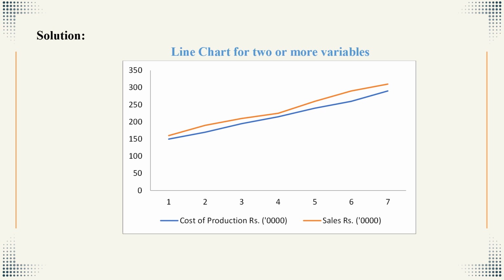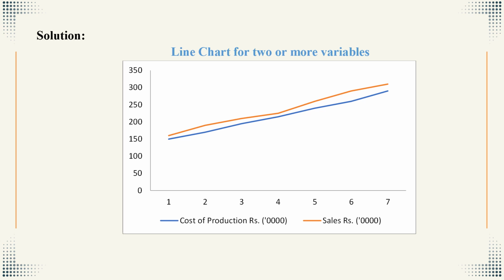First of all, we have to take any one, say cost of production. Then the cost of production for the years 1, 2, 3, 4, 5, 6, 7 should be identified, meaning the corresponding value identified on the y-axis, which represents the value in amount.